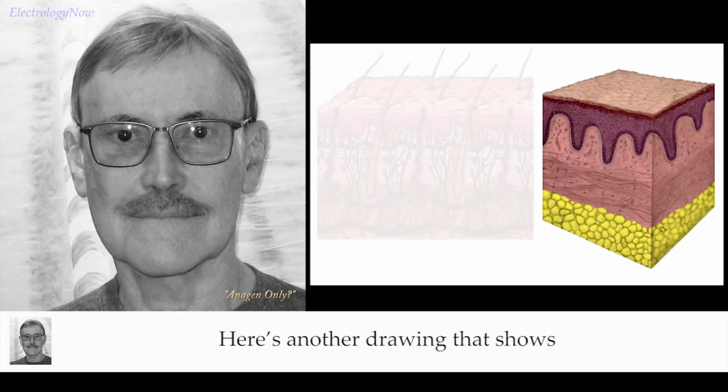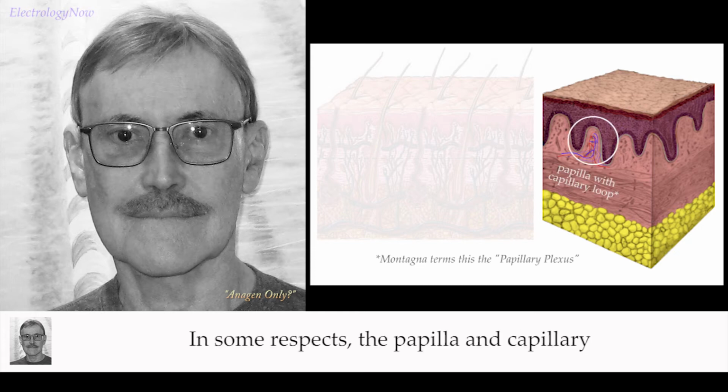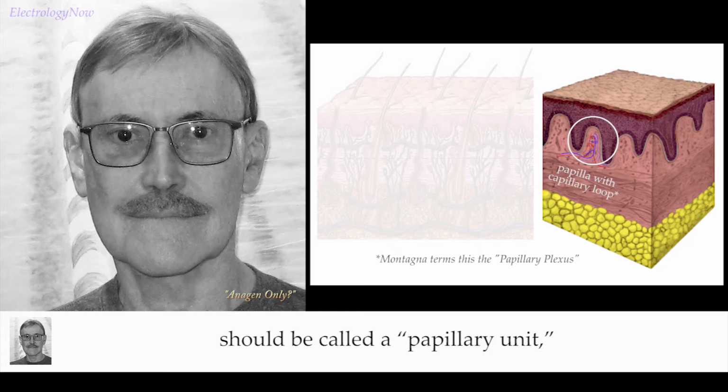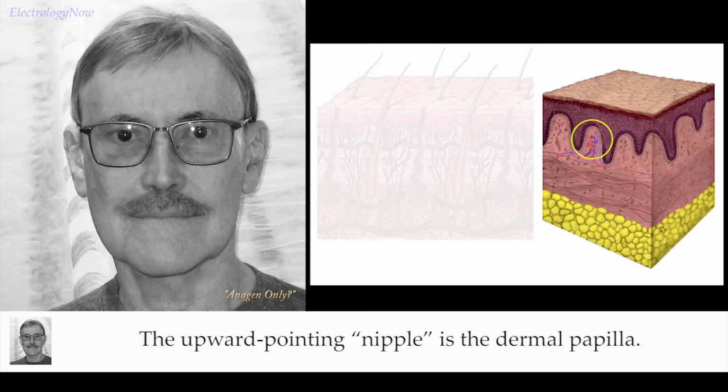Here's another drawing that shows the upward-pointing papillae. I've drawn a capillary loop to show its location as part of the papilla. In some respects, the papilla and capillary should be called a papillary unit because it contains multiple elements. The upward-pointing nipple is the dermal papilla.